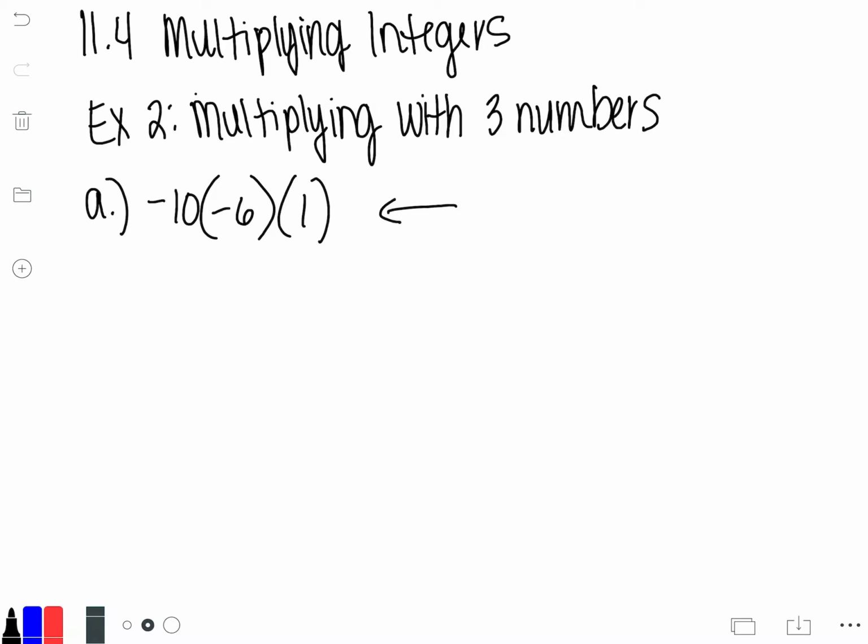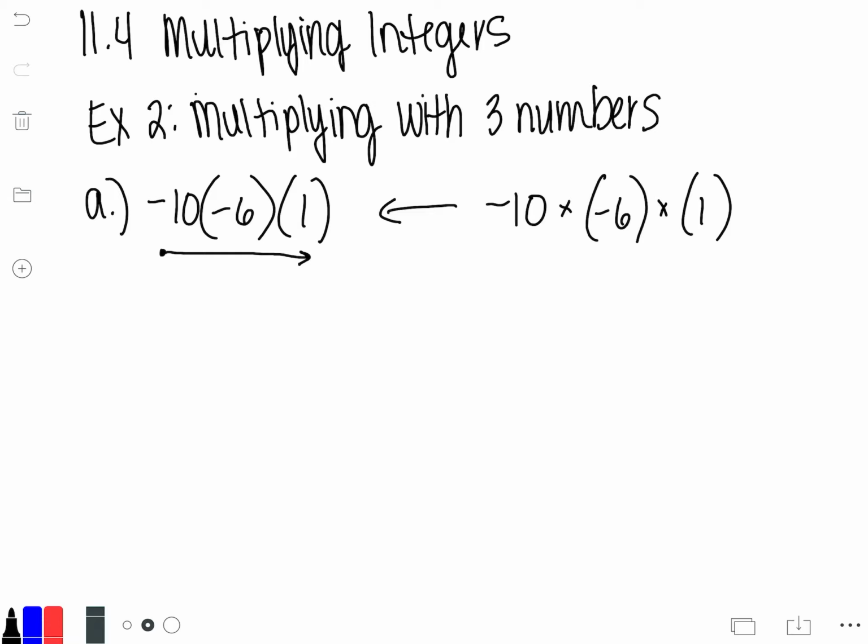So this is still the same thing as negative 10 times negative 6 times 1, if that makes any sense. So I'm going to keep it written the first way, and I just suggest you go from left to right. You can multiply in any order you want, but I think it's less confusing if you start here and you work your way to the right.